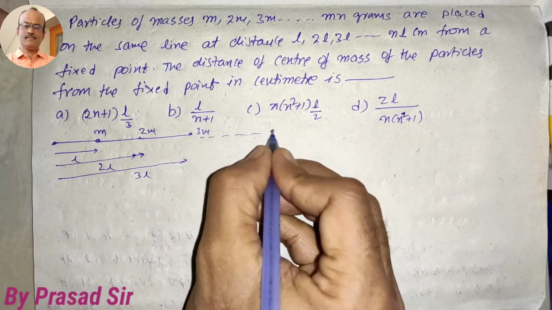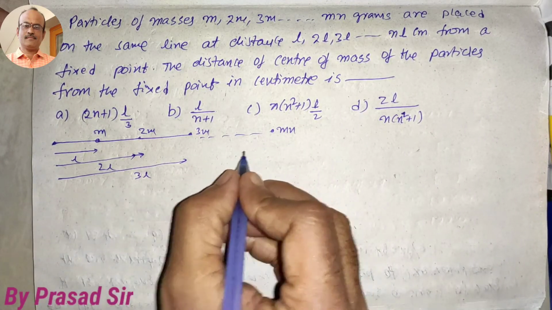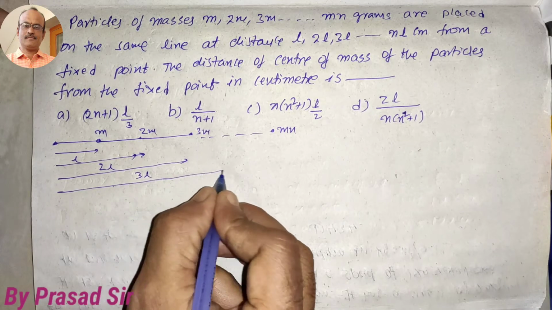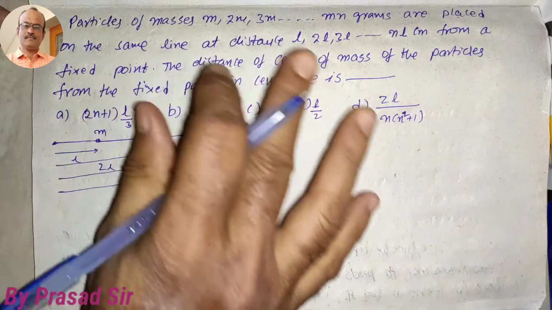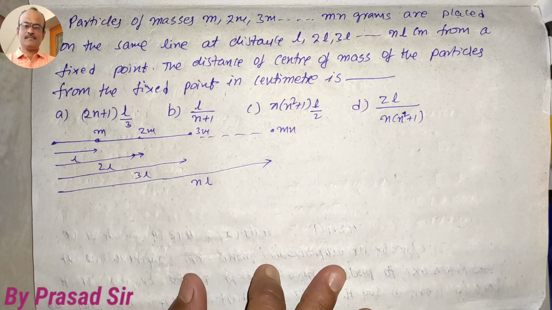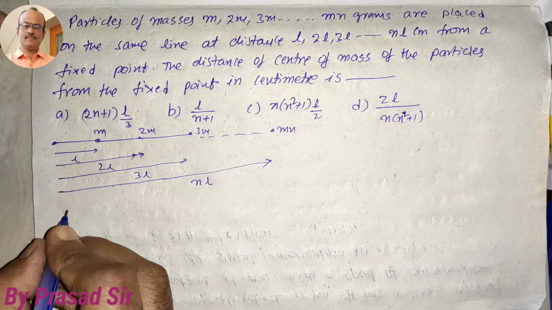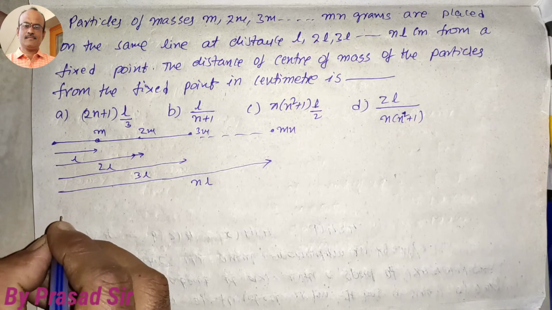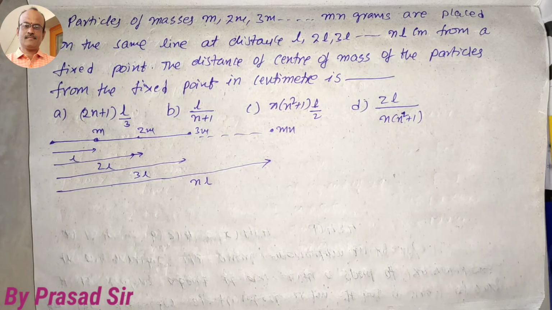Then I will take mn, which is at a distance of n into L. So this is the diagram representation of that one. And what do we want to find here? The center of mass of the particles from the fixed point.